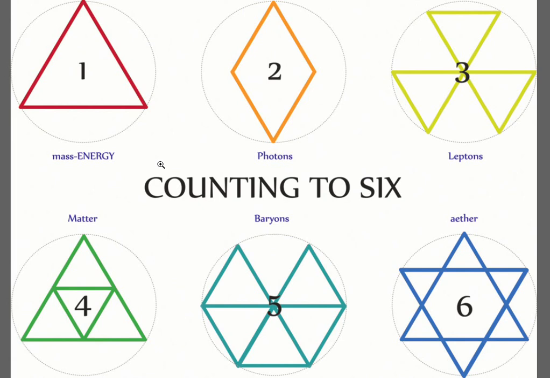Looking at the ones that do specifically apply to Tetryonics, we can see that a single quantum of mass energy is equilateral, as we've discussed. Two of them, where they come together via their charge or the weak force, form a photon of energy. Again, noting that it takes two charged quanta to make a single frequency of light, or a photon, positive and negative to make a neutral photon.